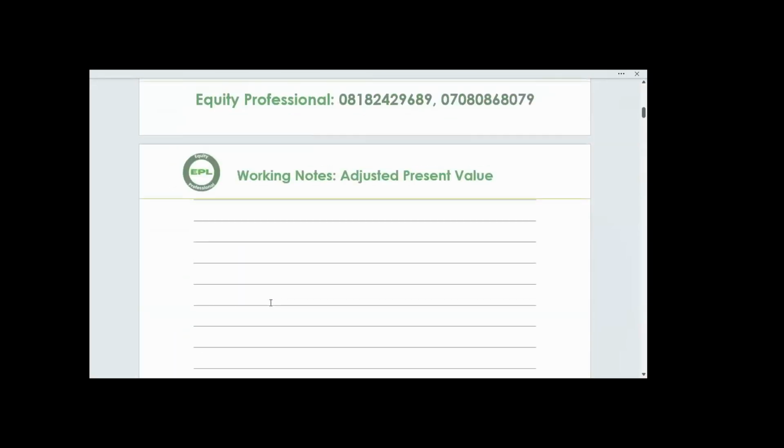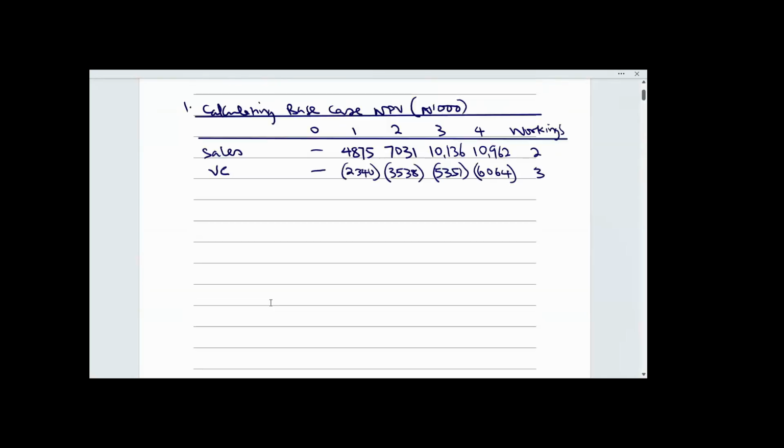So I don't need to be working for inflation under this. I will just go straight, because fixed overhead has nothing to do with units. So I will come here. Fixed overhead at inflation rate of 5%. The first year fixed overhead is 1,500.